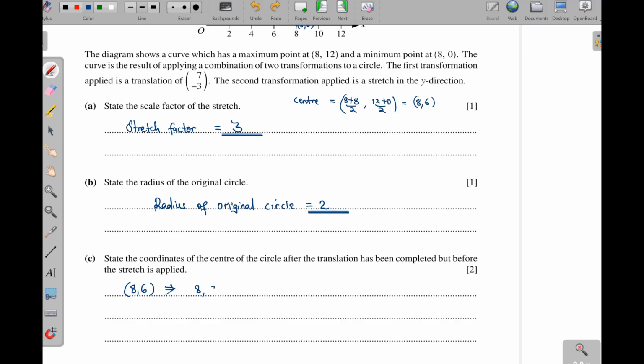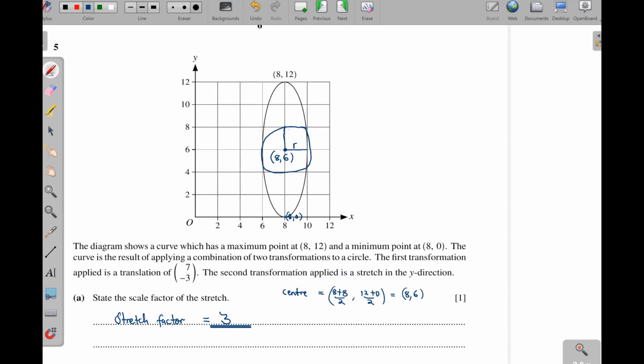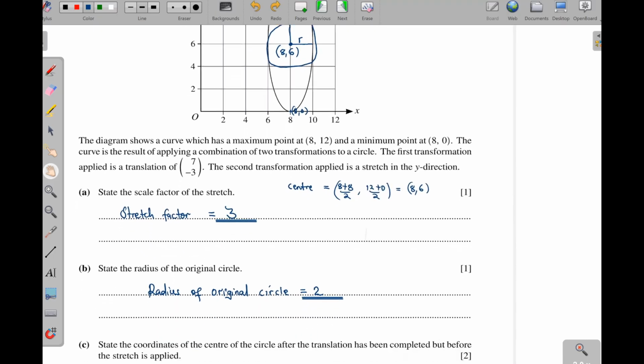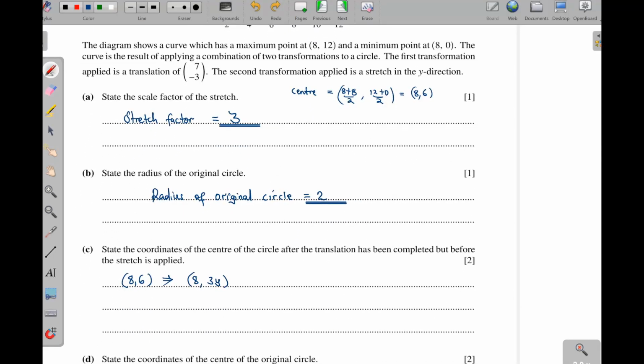That means here we are having 3y. You see that? But when we stretch in the y, the x coordinate remains the same, okay? Because that is a vertical stretch. So if the x coordinate remains the same, it is only the y coordinate that is changing. So what was the y coordinate before the stretching here?